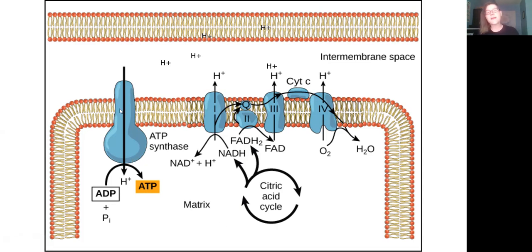So the entire process is cellular respiration, and specifically oxidative phosphorylation, because we use oxygen gas to make ATP, to phosphorylate ADPs by the process of chemiosmosis.